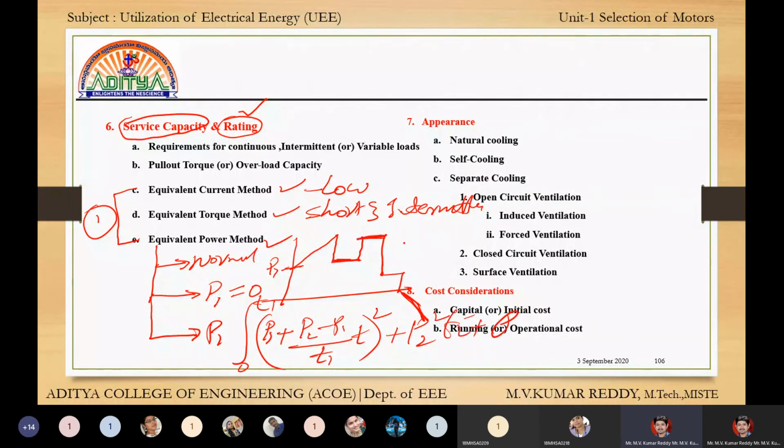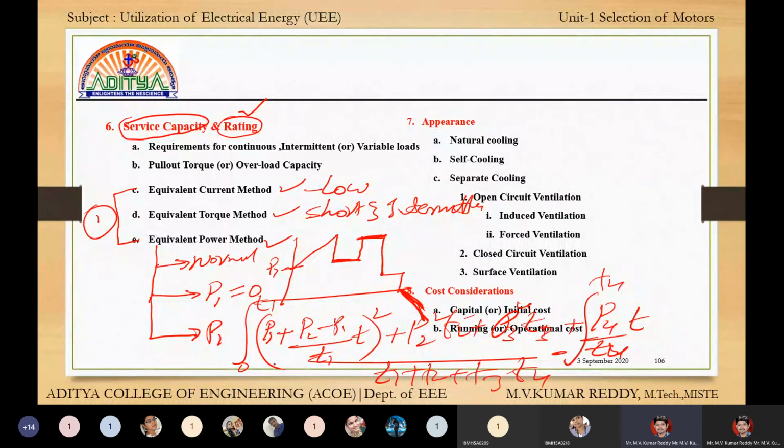Next one also normal, P3 squared T3, plus next one is abnormal, that is P4 by T4 integral 0 to T4 into T, divided by T1 plus T2 plus up to T4, and a square root. This is the abnormal graph.